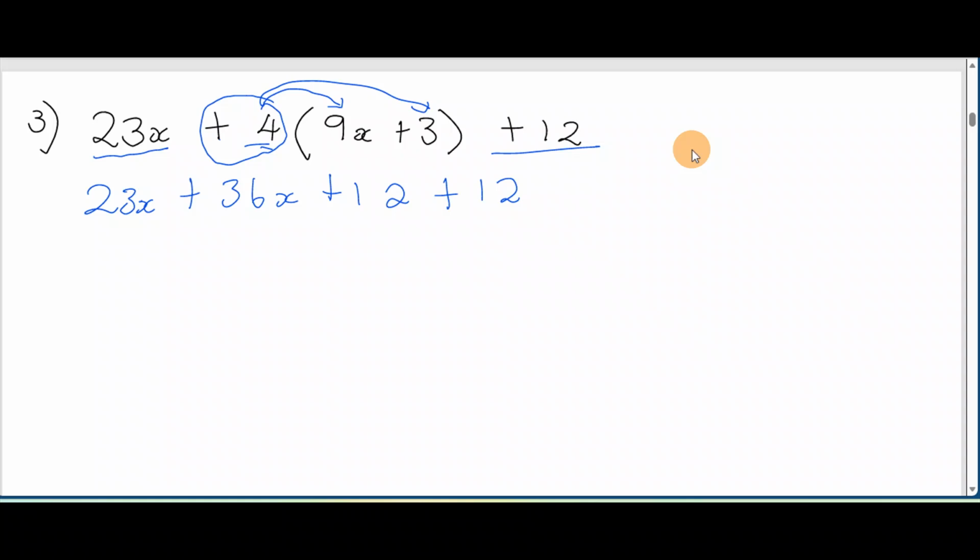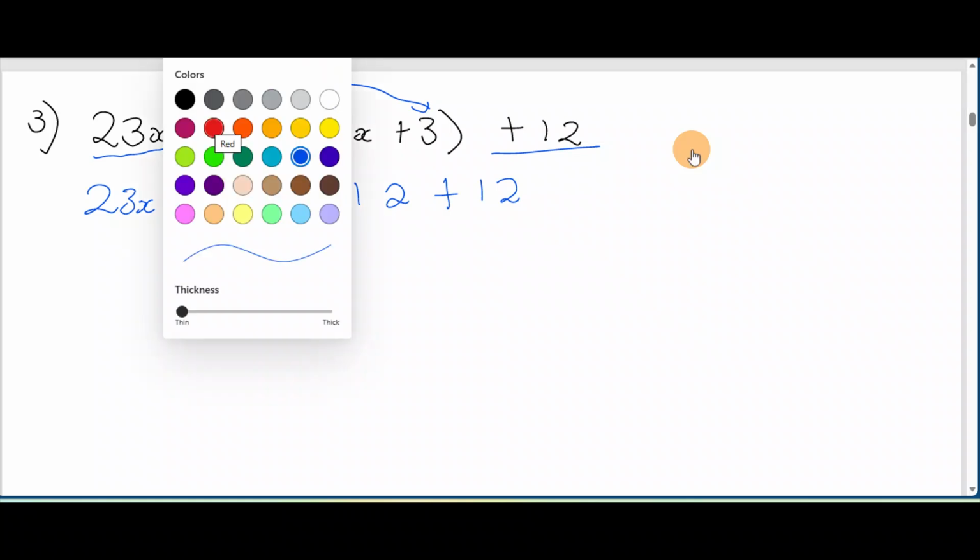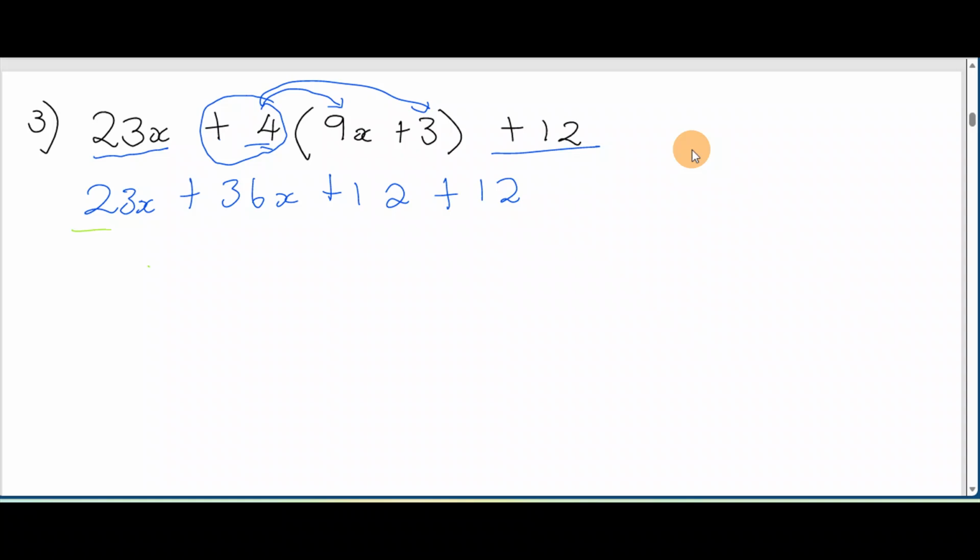Okay, so now after we've opened like this, we are going to combine like terms. 23x and 36x, you see that because they have an x, they are like terms. Let's take that x as a surname, right?